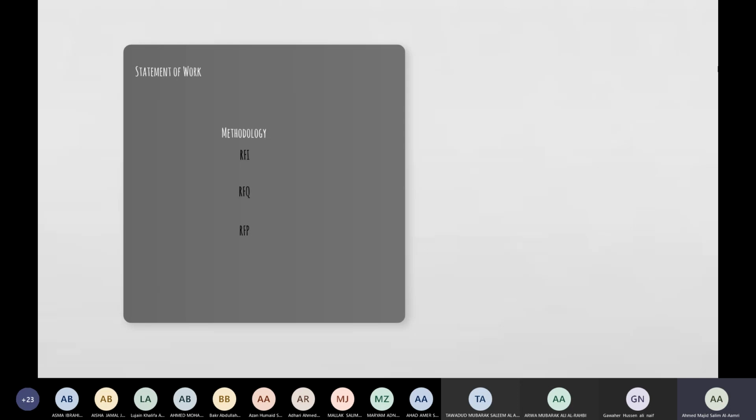Now, what's the first thing that normally you do? Let's say that I have a printer and I want to have the ink or cartridge. What's the first thing that we normally do?